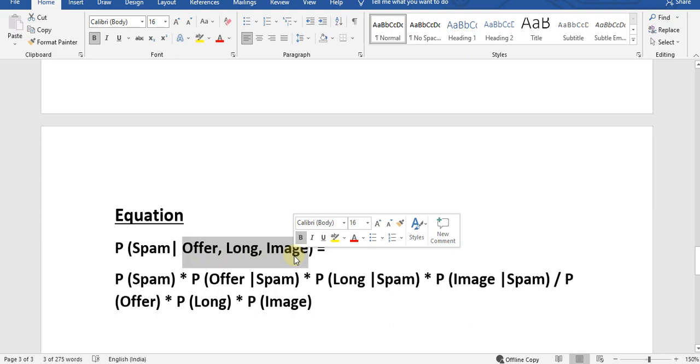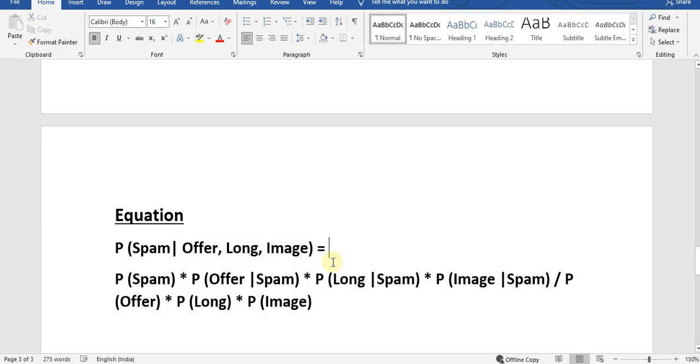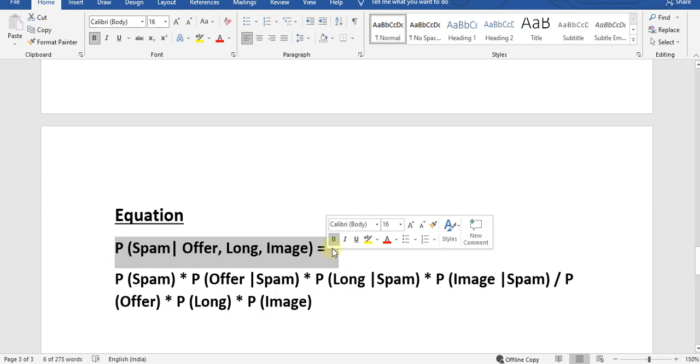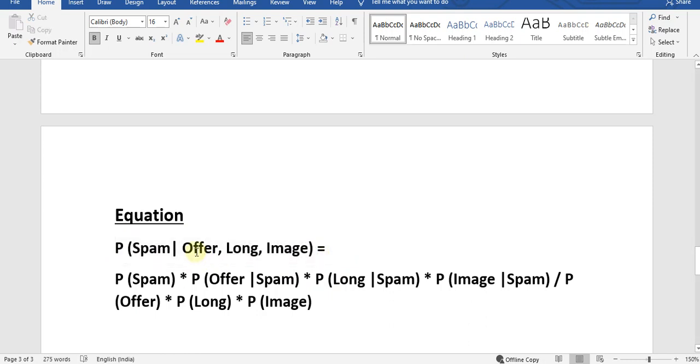I have taken only one combination, where content equals offer, email length equals long, and attachment equals image. I am trying to find the probability that, for this combination, the email message can be spam.